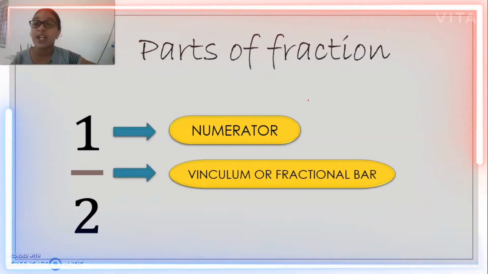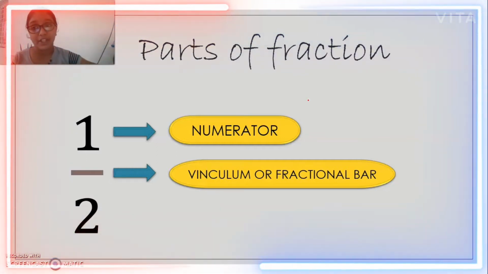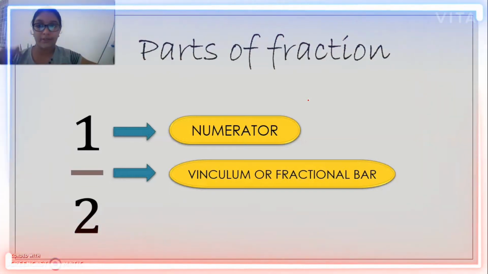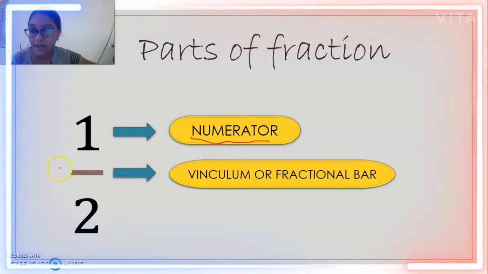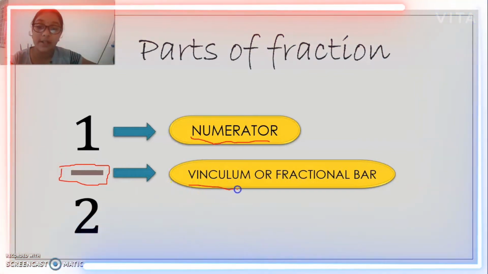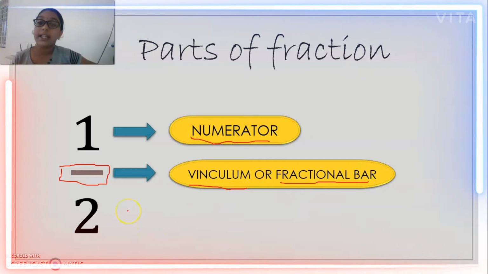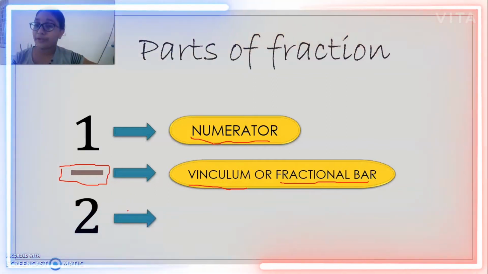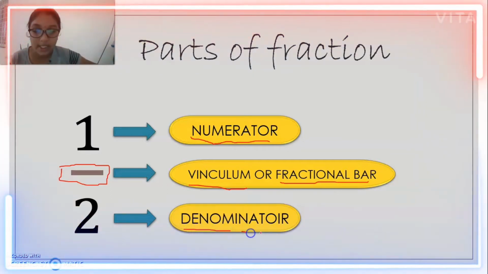This line is known as the vinculum or fractional bar. The number that is below the vinculum or fractional bar is known as the denominator.